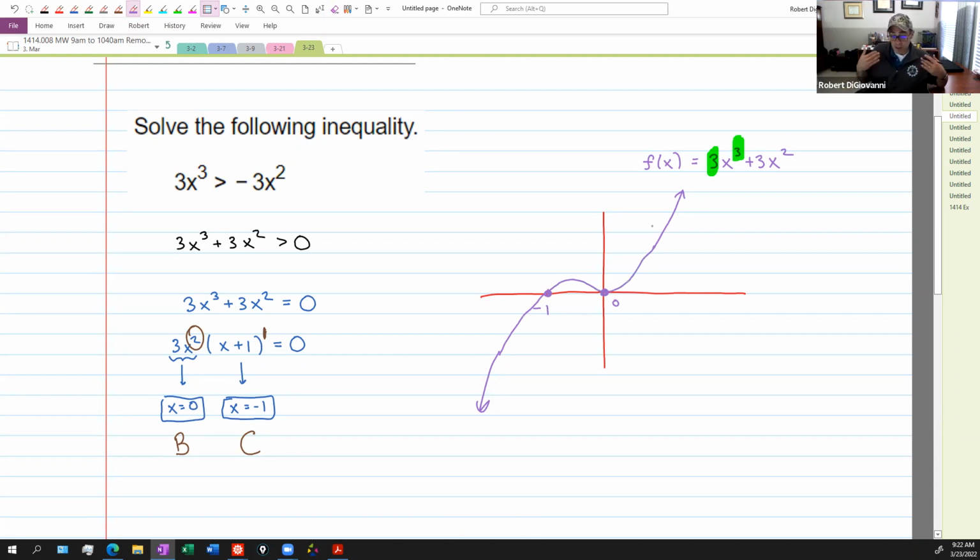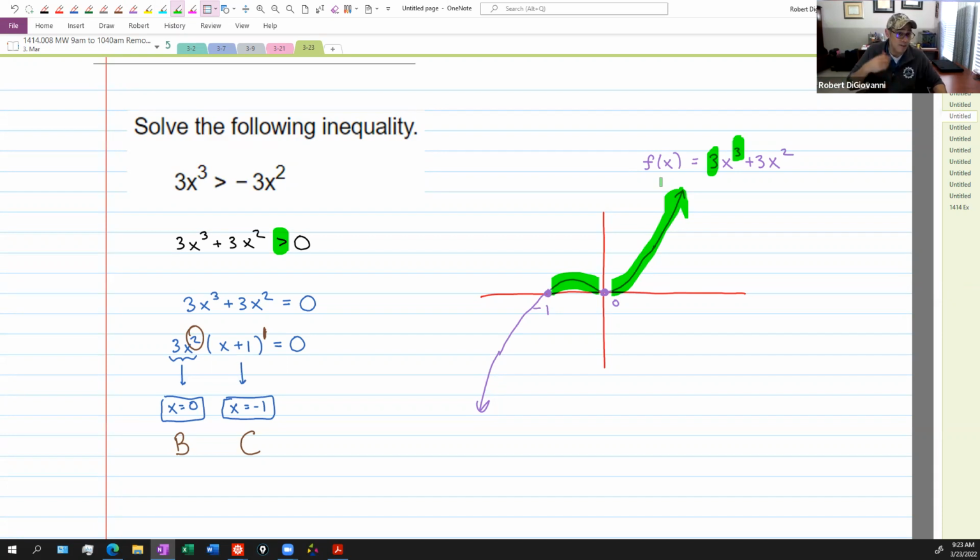And we're interested in when this thing, again, this is kind of getting boring here because again, they just want to know when it's greater than 0. Okay, so anywhere that it's above the x-axis, right? Which would be in this little region and in that little region right there. I do not want to include -1. I do not want to include 0 because at those 2 values, my graph touches the x-axis, which means it's equal to 0.